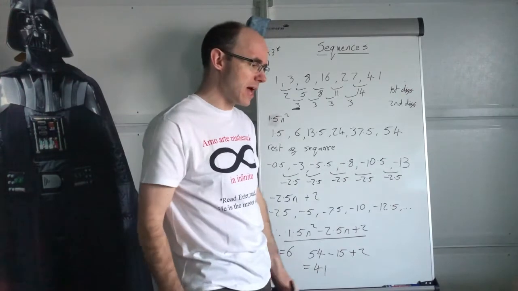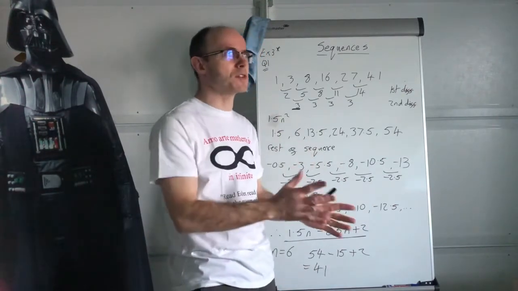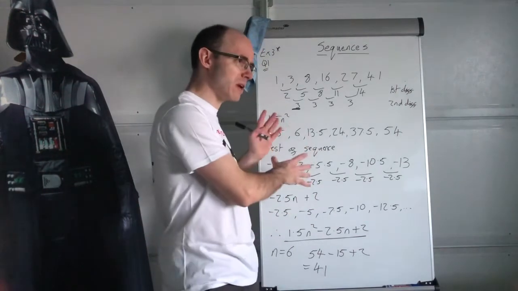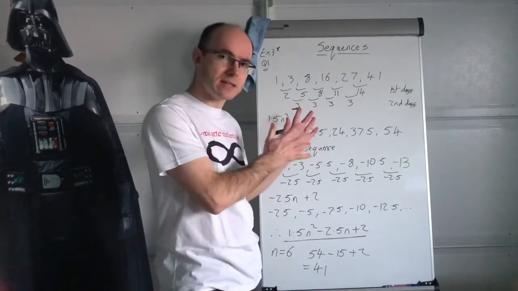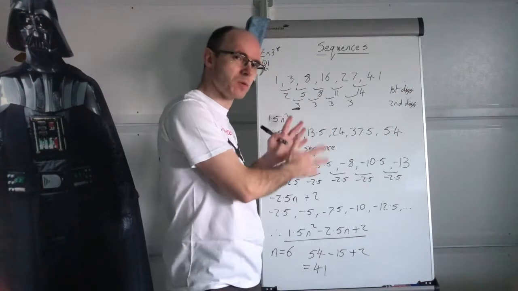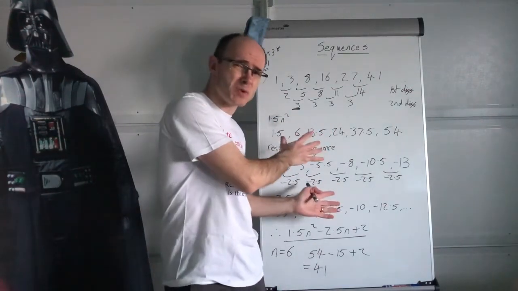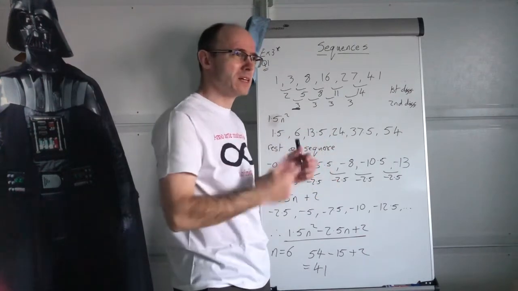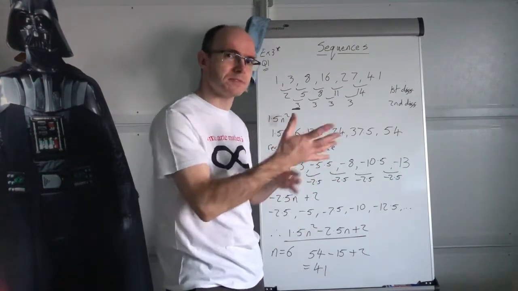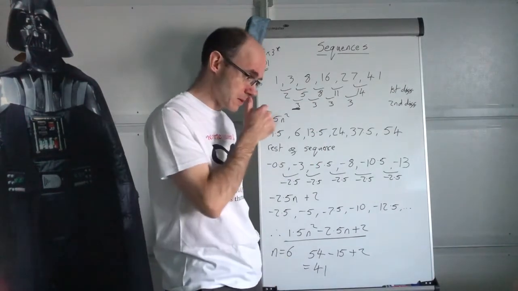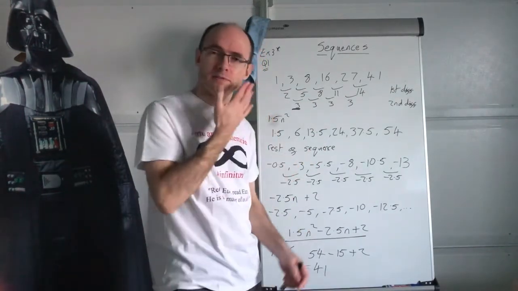And on that slightly off chance that it comes up, at least you've seen what the method is. Don't dwell on it, do not worry, it is something difficult to come to terms with. We don't really actually do that sort of stuff in A level either. We do things that are still hard, yes, but different. But we don't generally do quadratic sequences in A level. So don't panic.